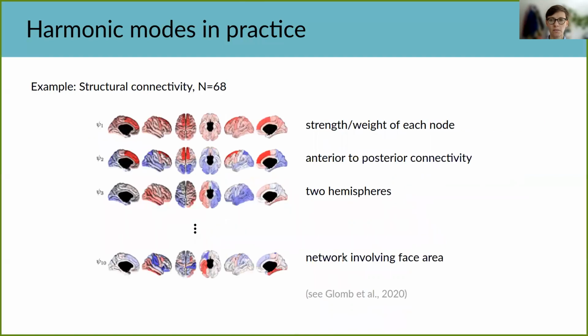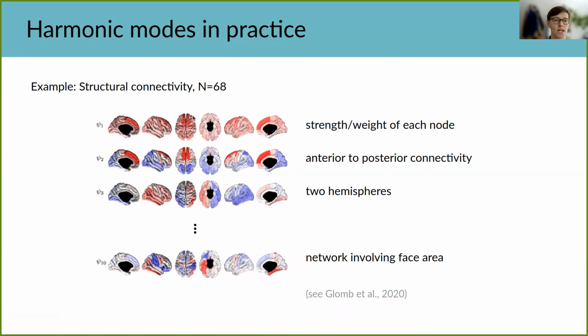Okay, so just to show you a few examples using the same data that I've been using for illustration, I'm showing you the first 3 harmonics and then another one that we found in analyzing some task data. So the first harmonic mode, depending on what method you use to build your graph and to build your Laplacian, is either constant or it's something like baseline activity, which is just the strength or the weight of each of the nodes.